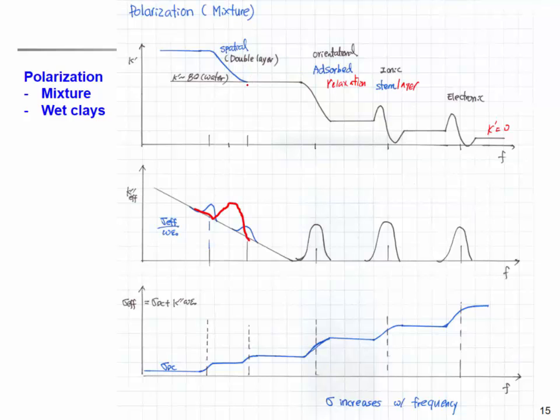Relaxation. And this is around the pure water, and this is when it's kilohertz, right? Kilohertz to megahertz. In this frequency range, you have another relaxation for the spatial double layer polarization, so this part is the contribution by double layer polarization.